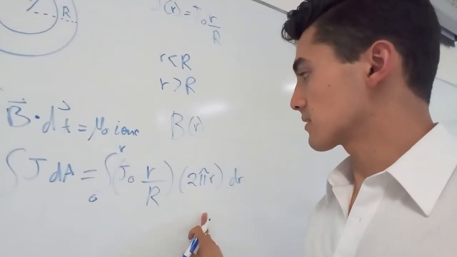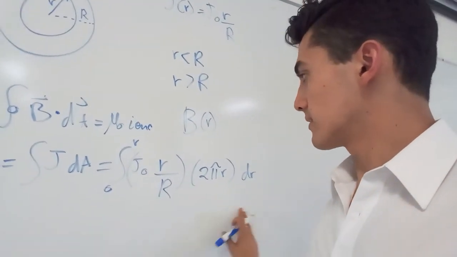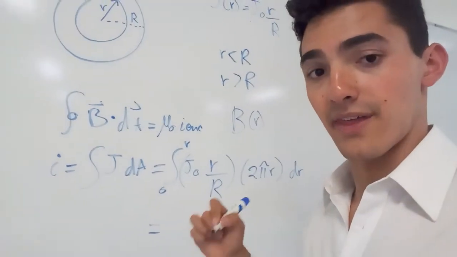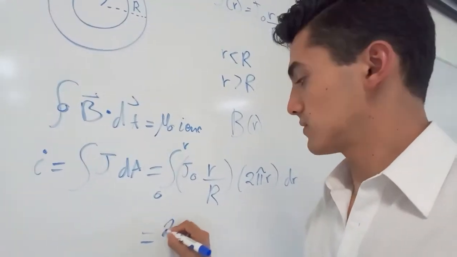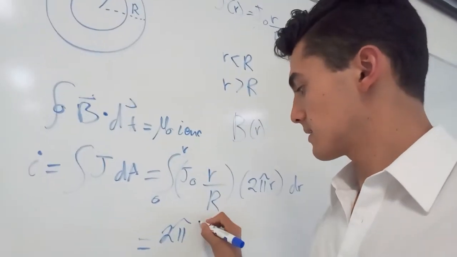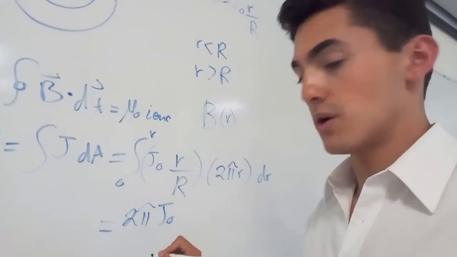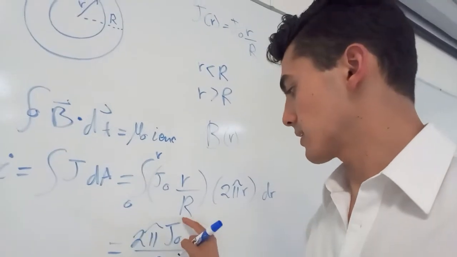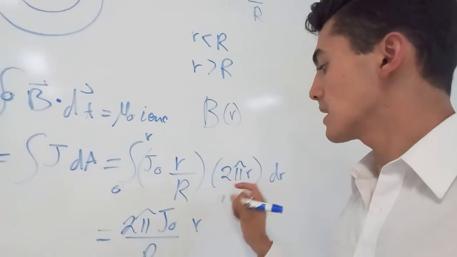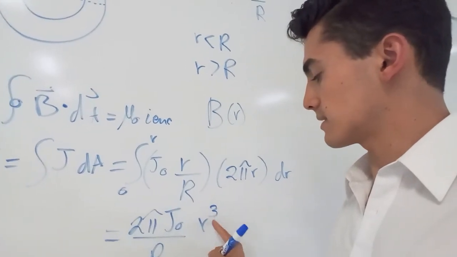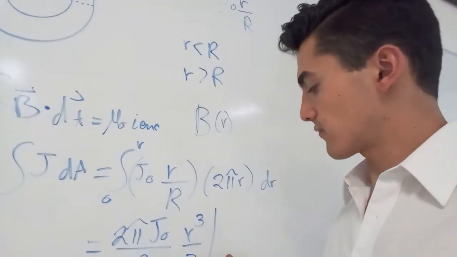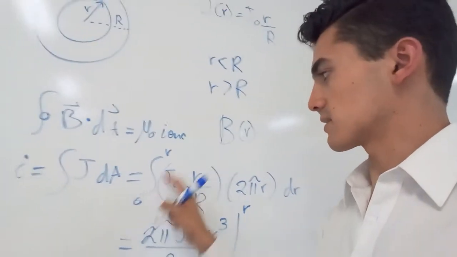So once we integrate all this part, we obtain that the integral is equal to 2 pi, that is this part, times our J naught over R, that is this part, times our radius squared, but we are integrating, so it's r cubed over 3, and we evaluate it from 0 to r because of this part.